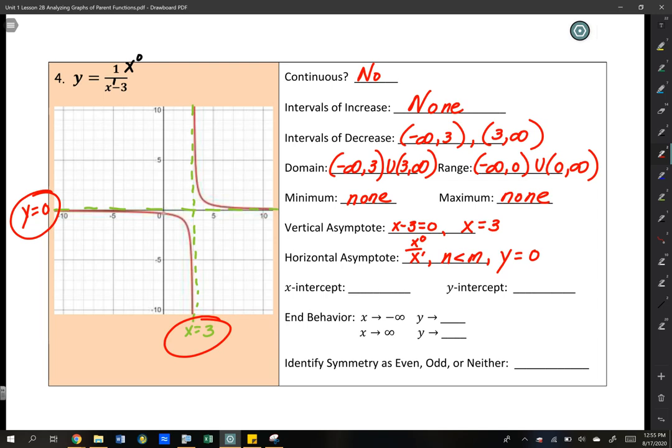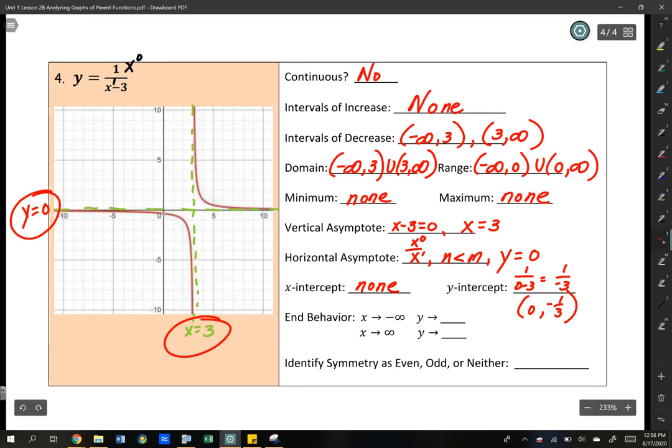In the case of the x-intercept, there is none, right? We're not crossing the x-axis at all. In the case of the y-intercept, we would put 0 in for x. So let's just do that. If we put 0 in for x, we're going to get, so we have a y-intercept at 0, negative 1/3.